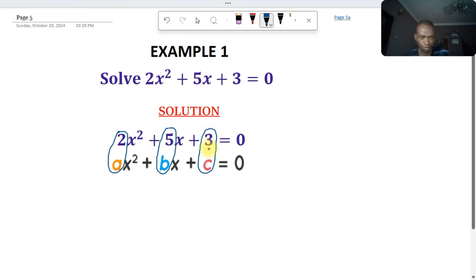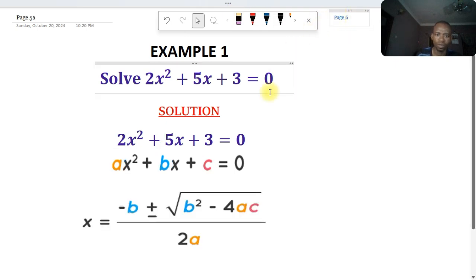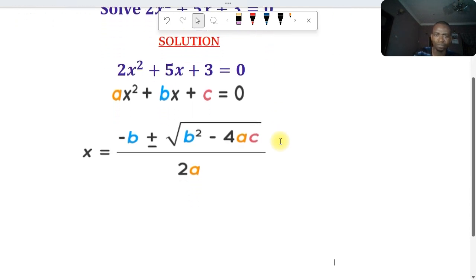So in that case, I believe we should be able to easily make use of our formula now. So let's have the formula. Now here comes the formula. I will list out those things that I highlighted the other time, so that we'll be able to make use of them easily.